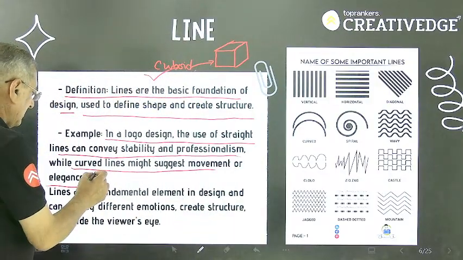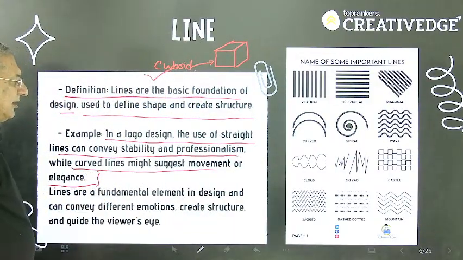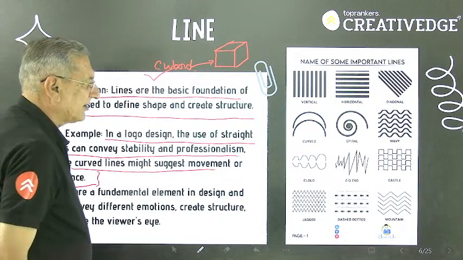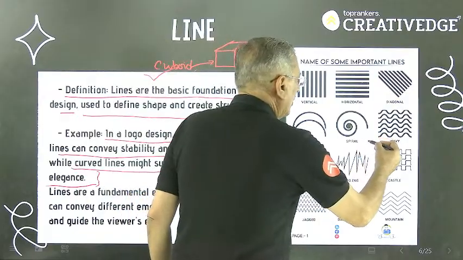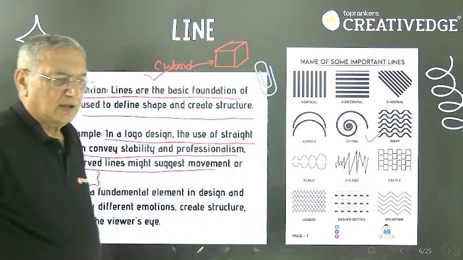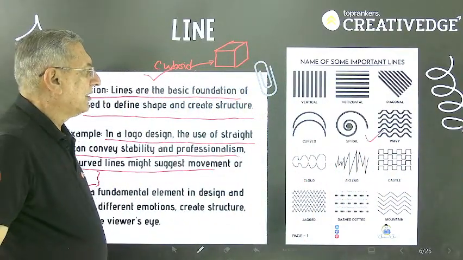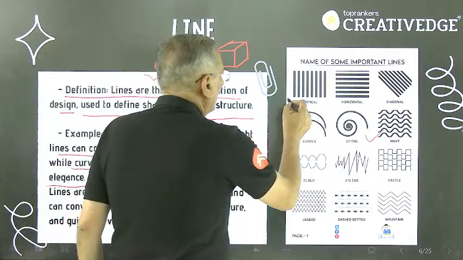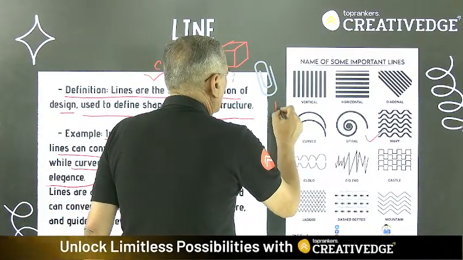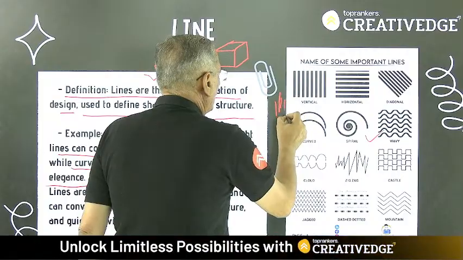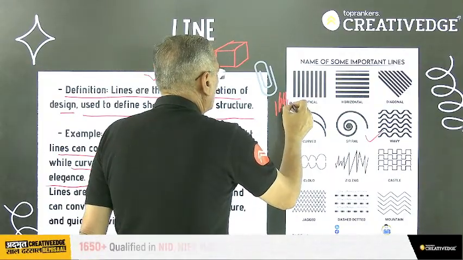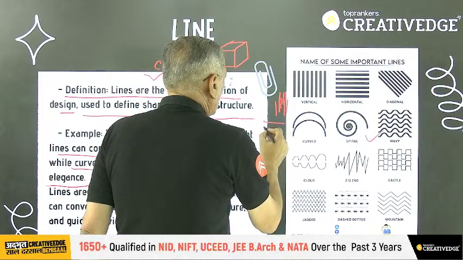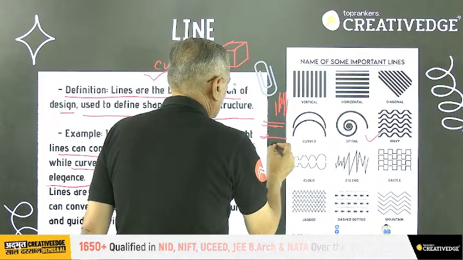Here, you have to show movement using lines. See here, lot of wavy movement. Even you can show movement with lines, vertical lines also, or horizontal lines.